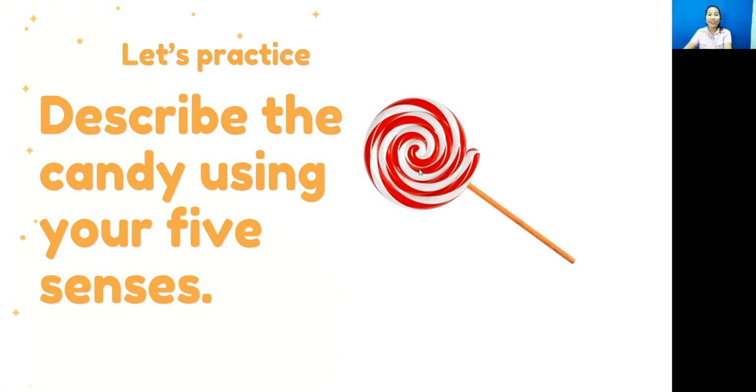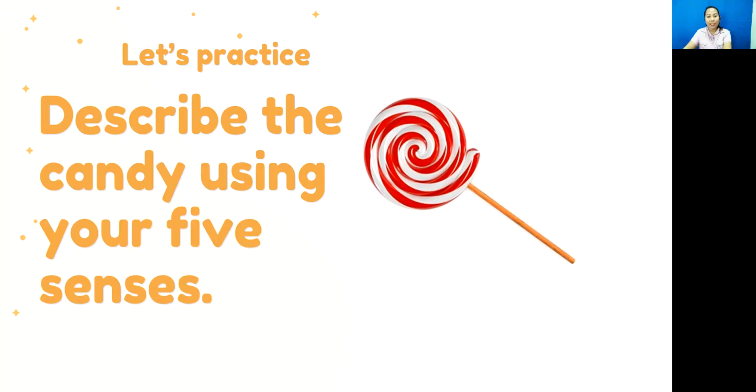Sense of taste. What is the sense of taste here? What is the taste? Sweet. Very good. It's sweet. What else? When you touch them, is the lollipop soft or hard? Hard. Very good. And what else?